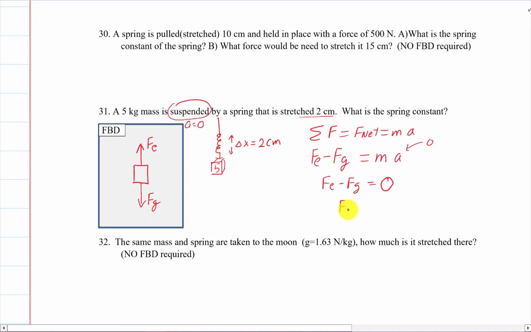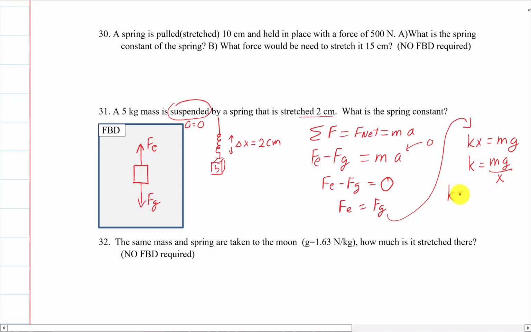That means the elastic force is equal to the force of gravity. Pull that on over, and we get Kx is equal to mg.